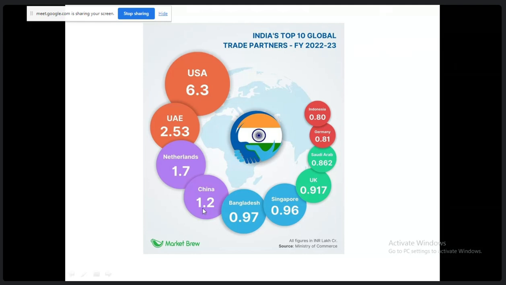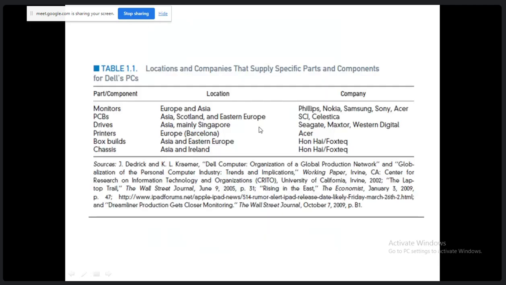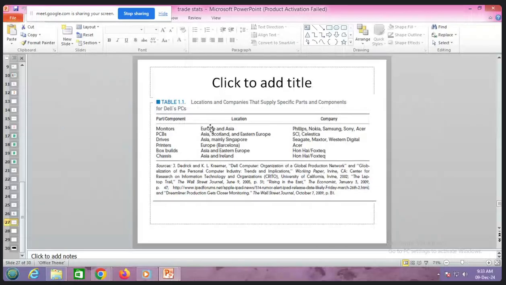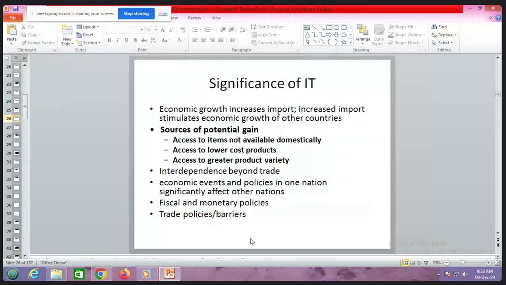So we have around 1.2 lakh crore trade with China, followed by Bangladesh, UK, Saudi Arabia, Germany, Indonesia, all contributing a very small proportion of the total. The majority of the trade is between these four countries: USA, UAE, Netherlands and China. So that is all about the trade data.